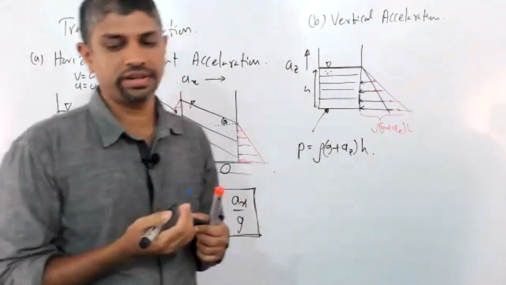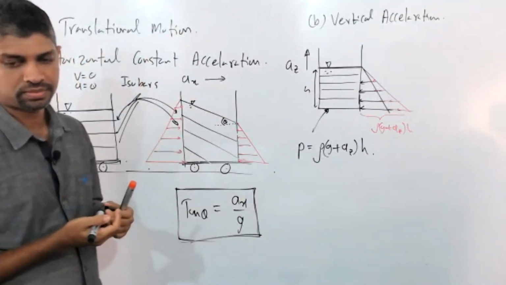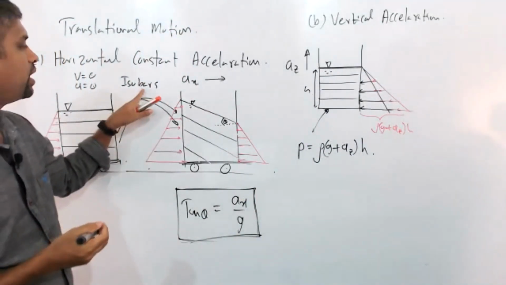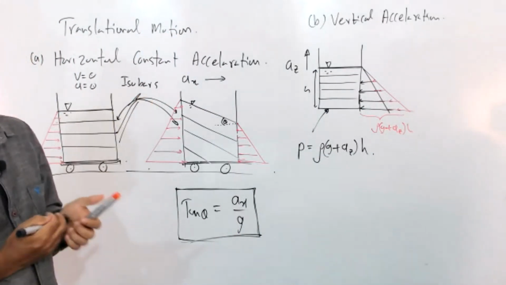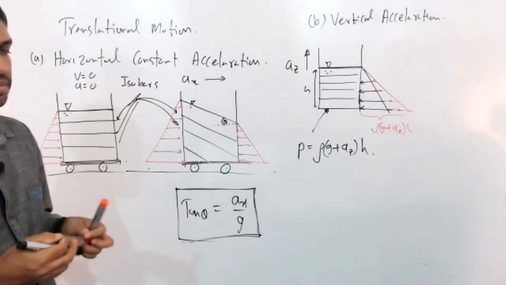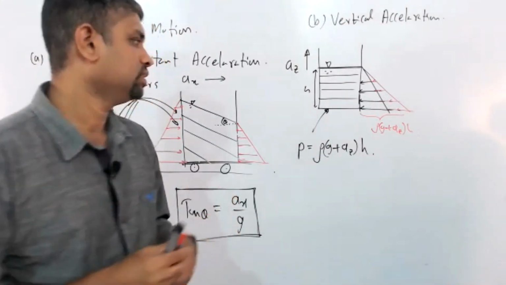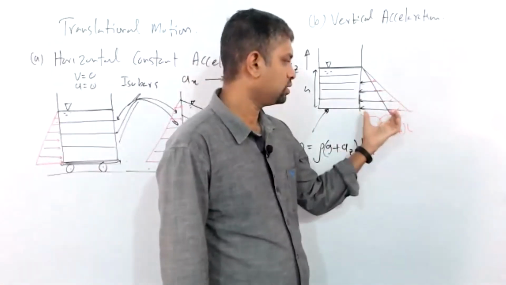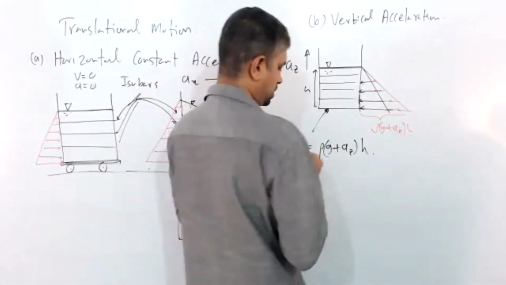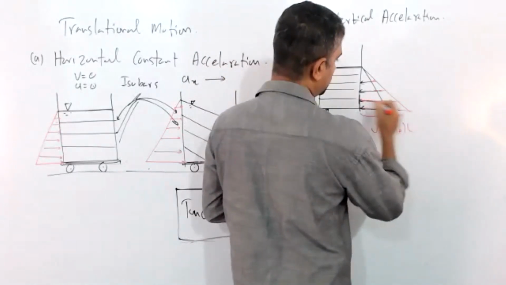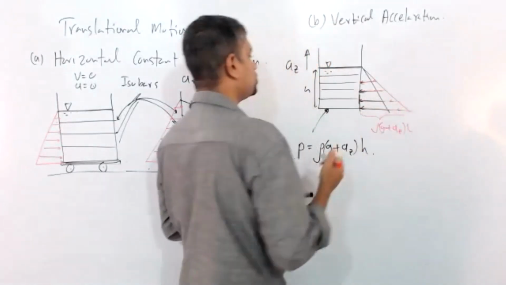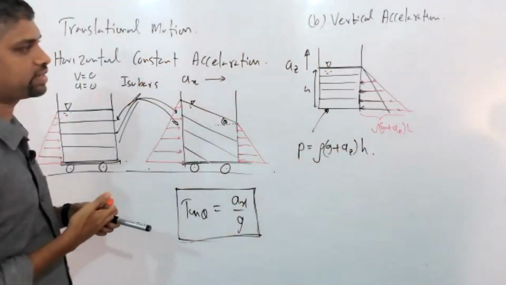Isothermal, isobaric, you can remember that term. Isobars means constant pressure lines. The red one is the new pressure distribution due to upward vertical acceleration.